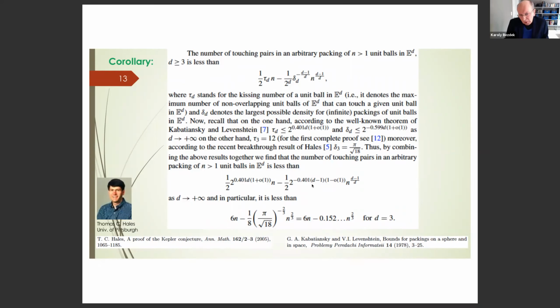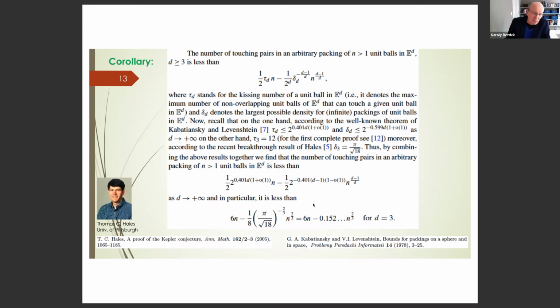The asymptotic formula that you see in the middle is obtained from the formula on the top using the Kabatiansky-Levenshtein bound for the Kissing number that we already briefly discussed, and there is an analog result of theirs for upper bounding the highest density of unit ball packings in d-space.